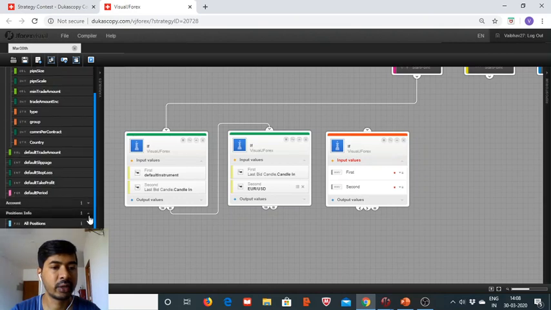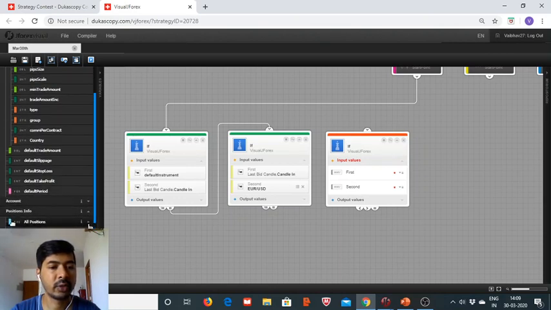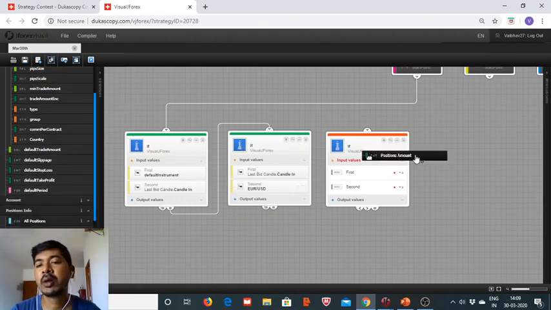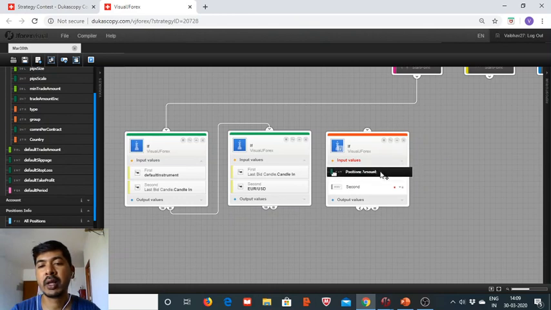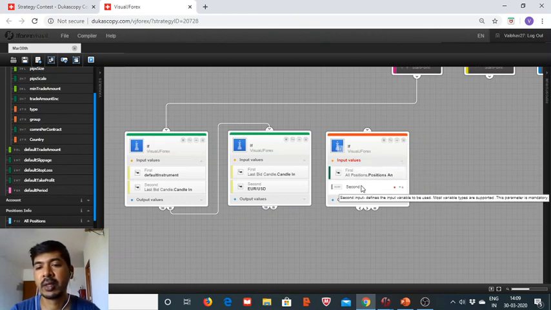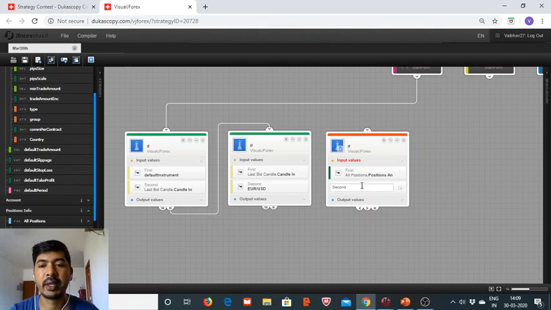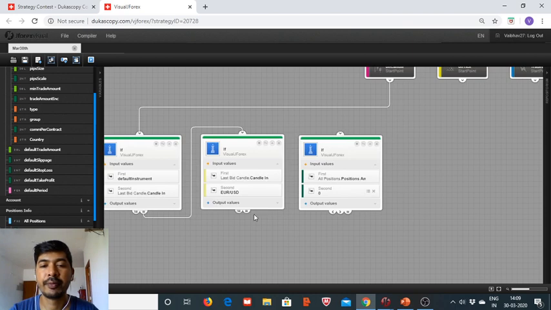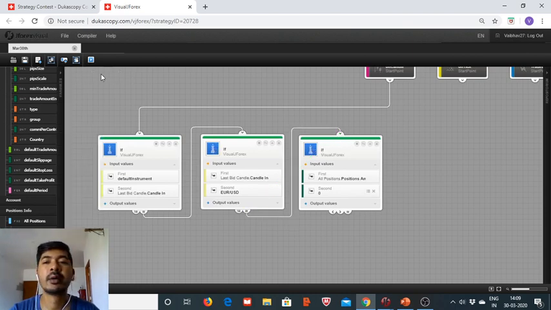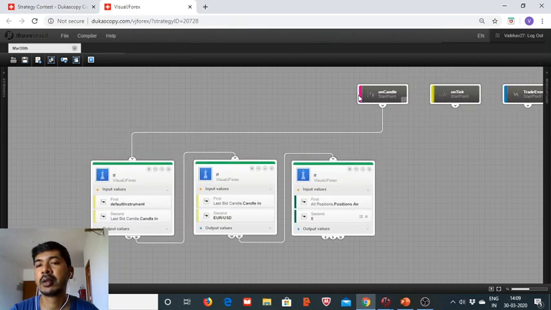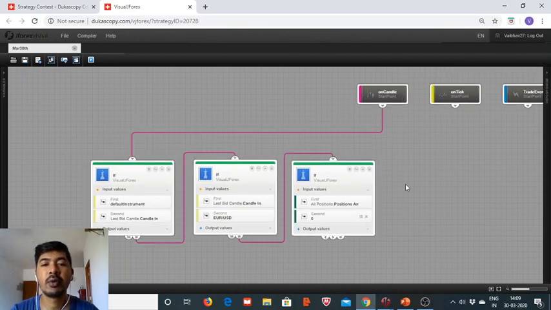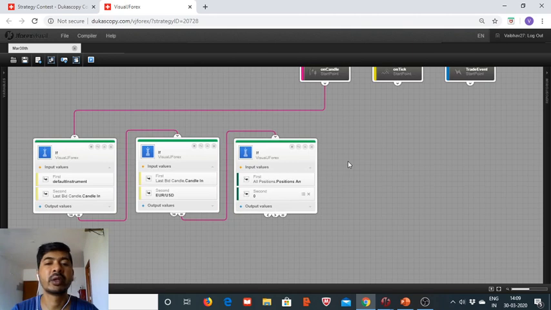Here is the position info, all position amount. We are taking all positions, so if there is any pending order also, it will be included. And we want the position amount to be equal to 0. So here we will color this flow, so we will notice if there is a break in the flow.